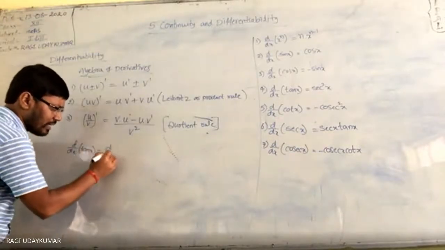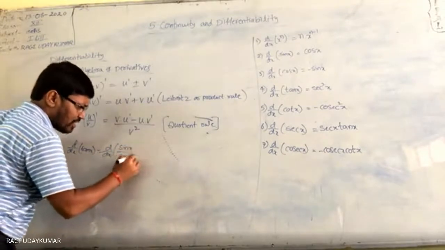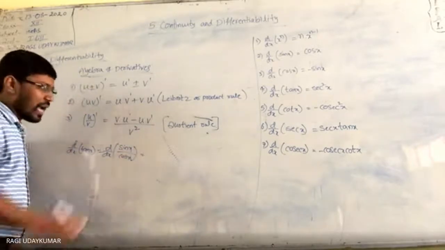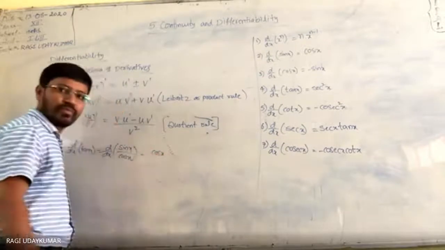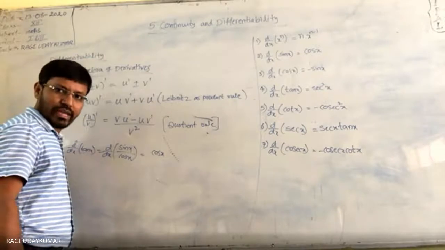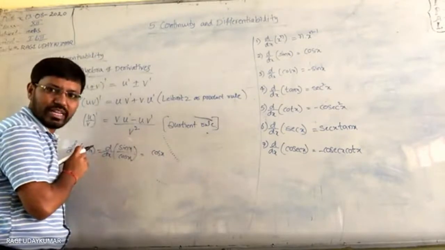So what do you write here? d by dx of sin x by cos x. As per this rule, first the denominator should be written as it is, cos x, and then the differentiation of sin x is taken into consideration.